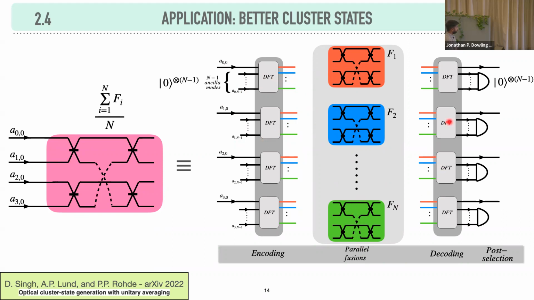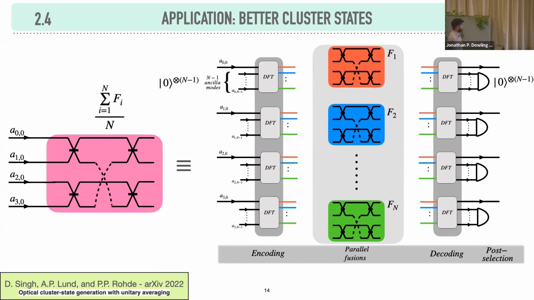Then you mix them again through the DFT, and you do a post-selection on these ancillary modes. If these fusion gates are all perfect, you will never measure a photon in these ancillary modes, and it would work as before. But based on the variance of the parameters of these fusion gates and how many unitaries you have bunched in here, you will measure photons in the ancillary modes.